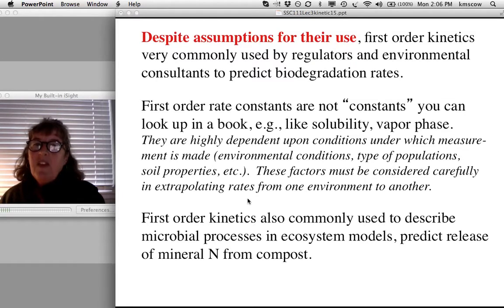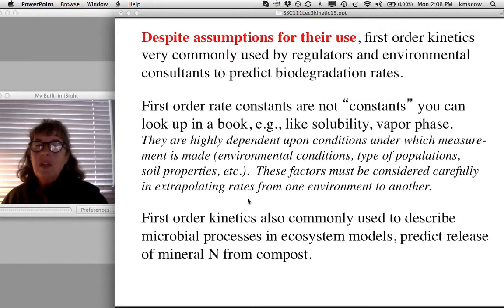And even though first order rate kinetics have first order rate constants, these are not true constants that you can look up in a book, like what is the solubility of benzene, or what's the vapor phase, or how fast does it vaporize the benzene.